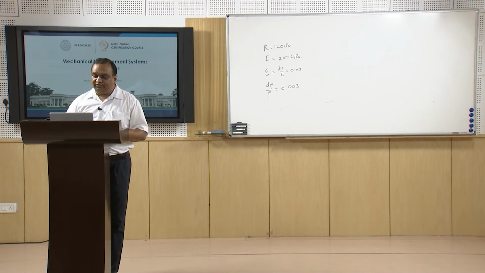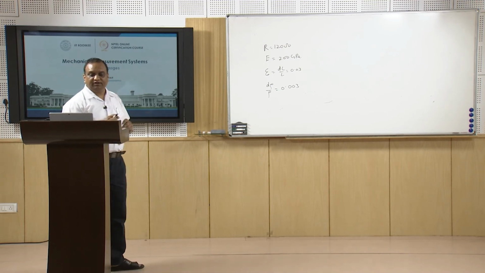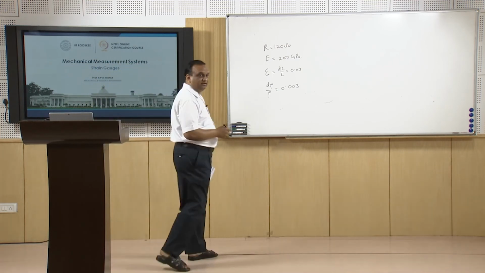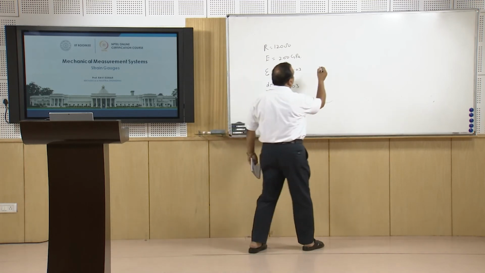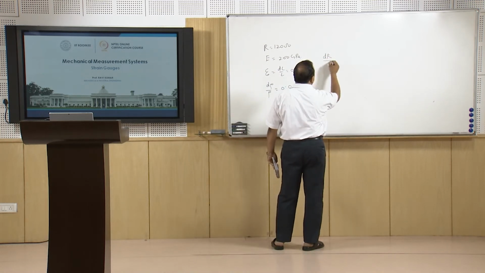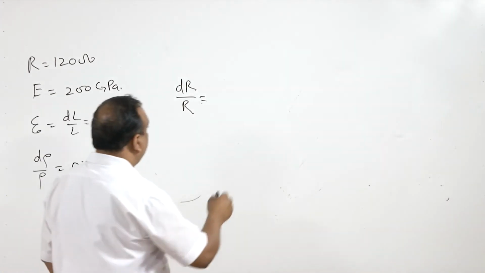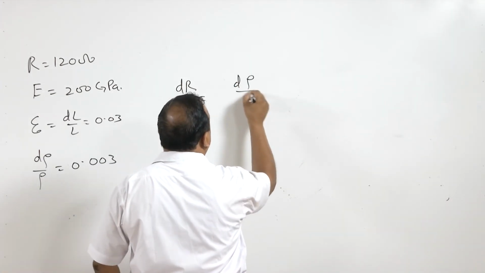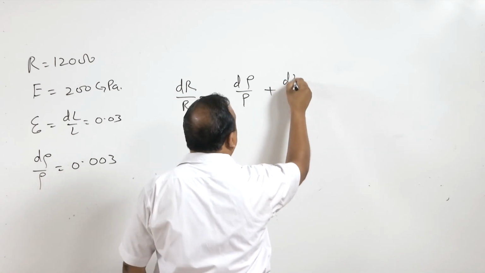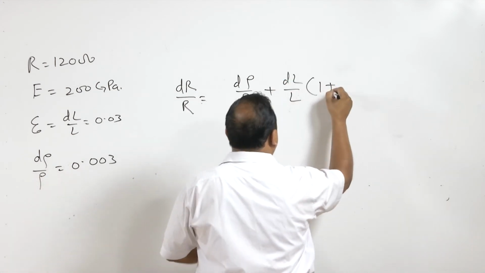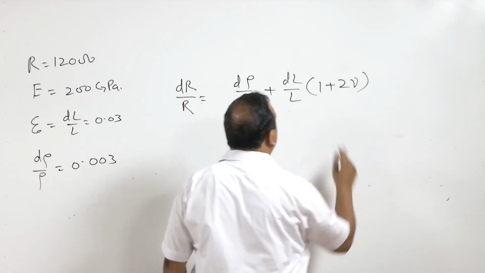Estimate the percentage change in the resistance of the strain gauge and the gauge factor. So, first of all, dr by r is d rho by rho plus dl by L 1 plus 2 nu.